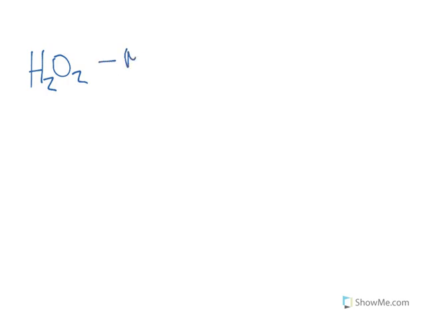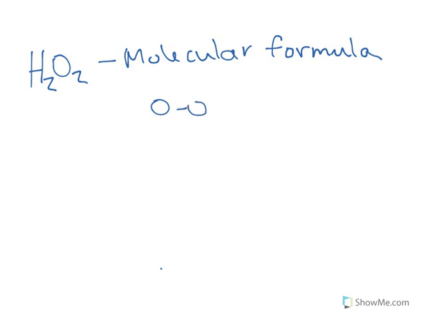That is the molecular formula, because in hydrogen peroxide, I have 2 oxygens bonded to 2 hydrogens. That's the actual molecule. That's how many there are. So I have 2 hydrogens, 2 oxygens. It is not the empirical formula.